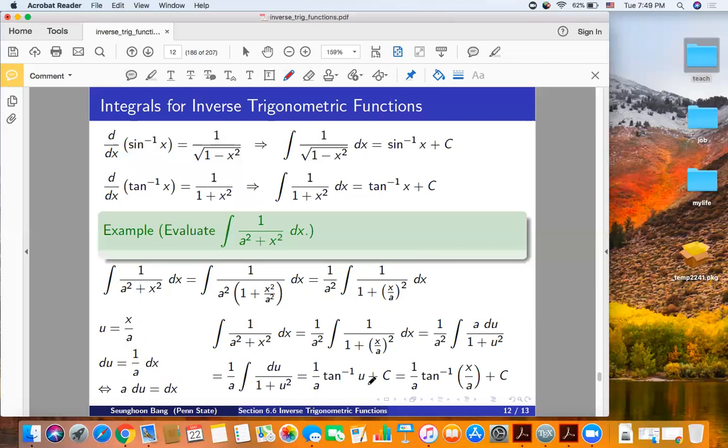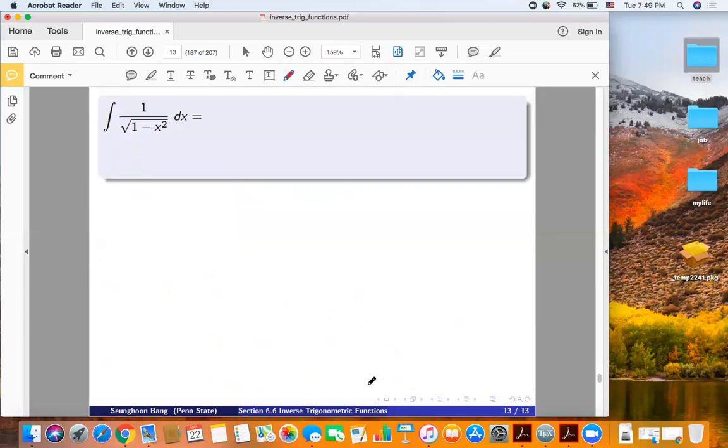From this result, you need to memorize these rules. The integral of 1 over square root of 1 minus x squared dx is inverse sine of x plus c. The integral of 1 over 1 plus x squared dx is inverse tangent of x plus c.